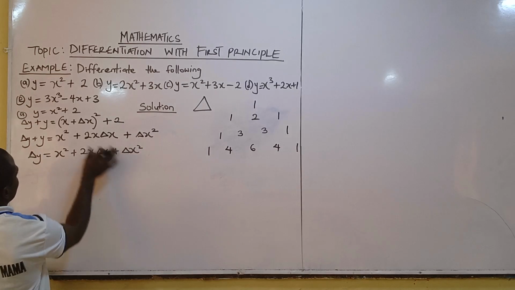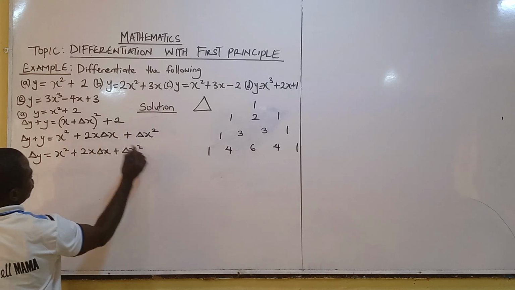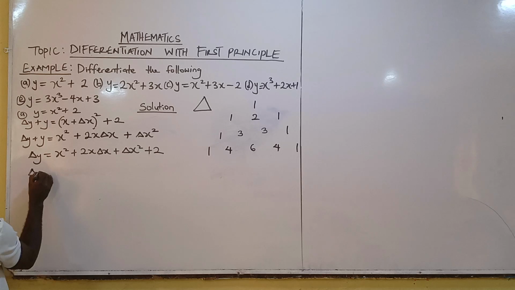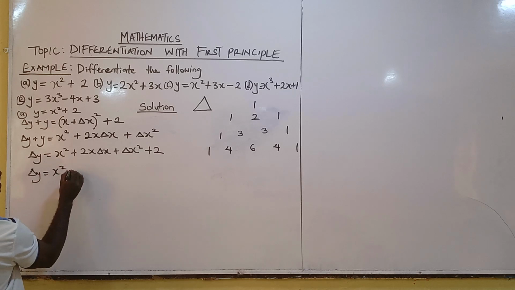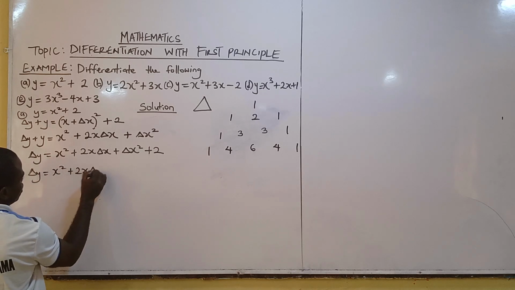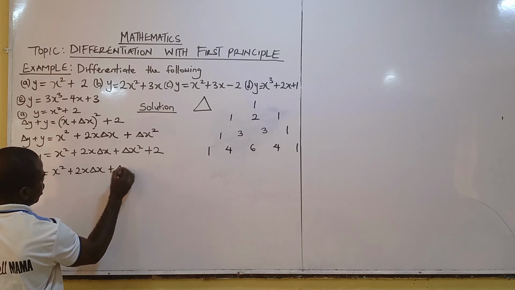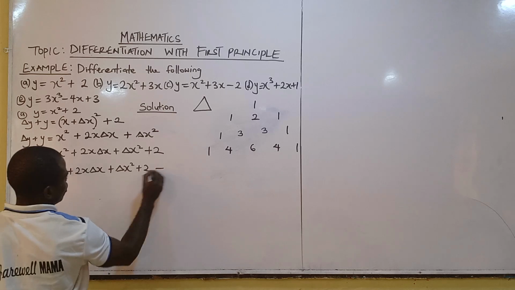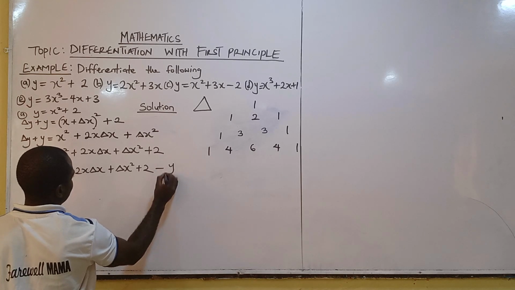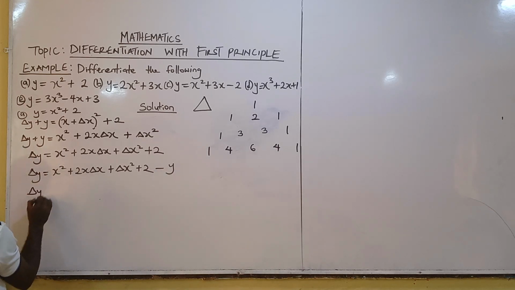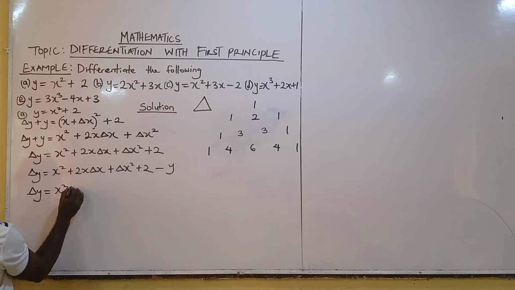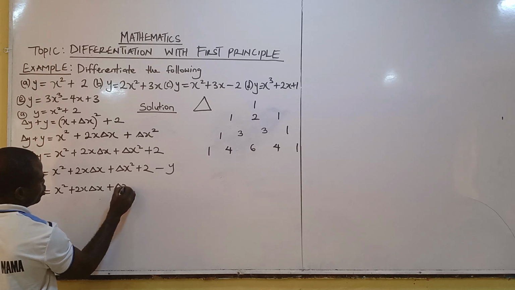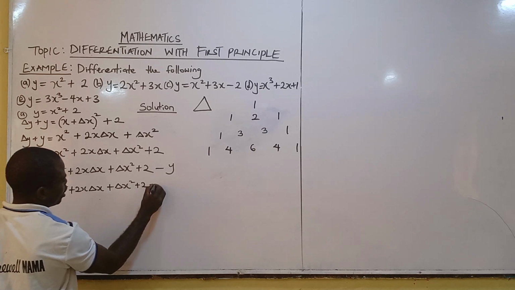This expression is for what's in the bracket. Look, this 2 is here plus 2. We have dy equals x squared plus 2x dx plus dx squared plus 2 minus y. Now the y equals x squared plus 2x dx plus dx squared plus 2 minus what are y?